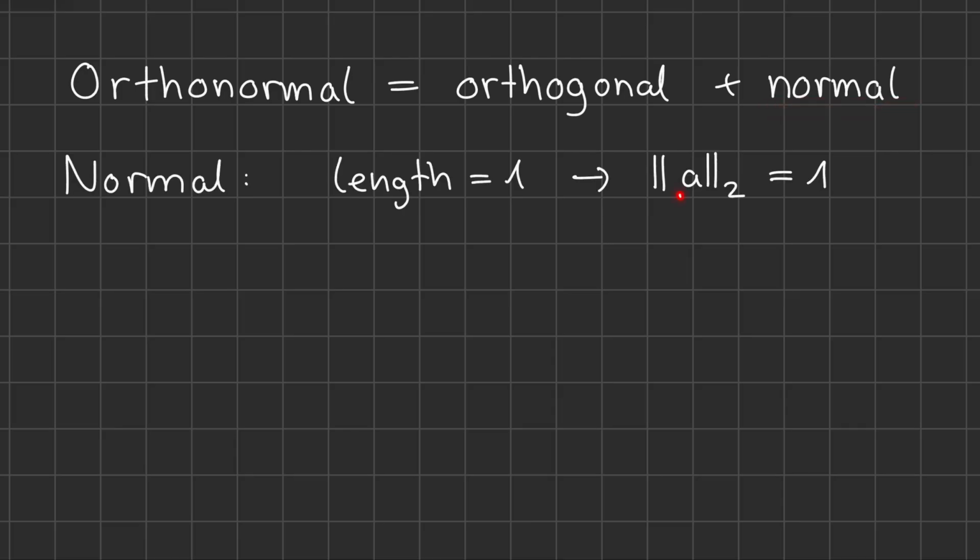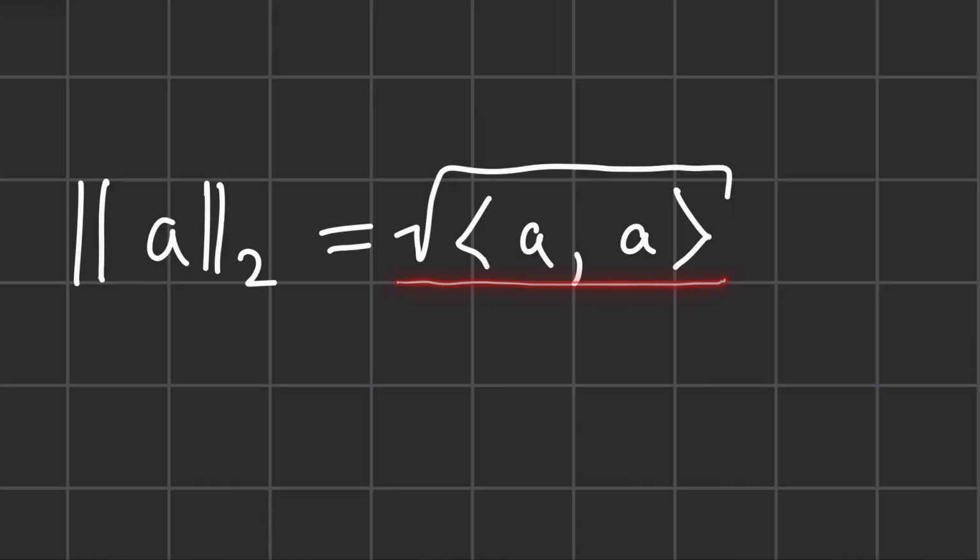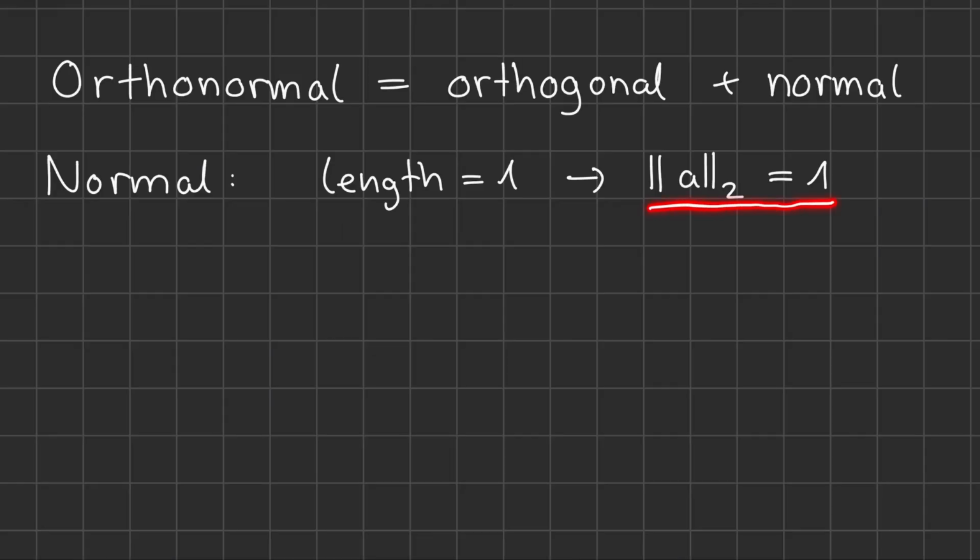We call a vector a normal if its length is equal to 1. And we saw that we use the L2 norm for this, which was the square root of its scalar product with itself. And when this L2 norm is equal to 1, then we call our vector normal.